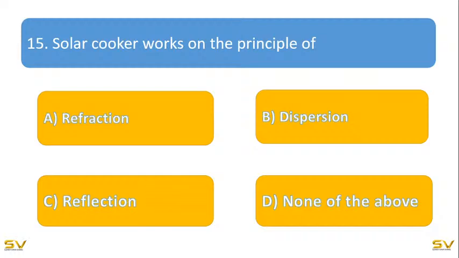So during the summer season, nowadays some members are also using solar water heaters. So solar cookers and all this. Which principle is involved in the working of a solar cooker? Whether it is refraction, dispersion, reflection, none of the above.